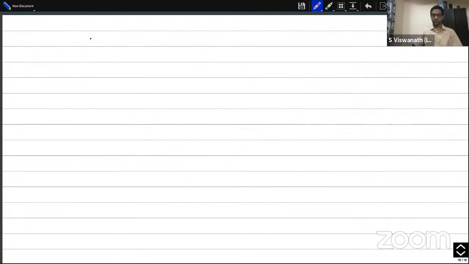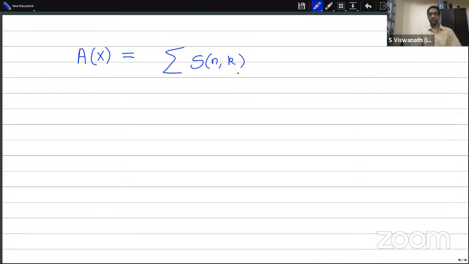There are many different ways of proceeding because this is actually a two variable problem. We actually have two parameters n and k, right? So when I form the generating function, which one should I really look at? Should I fix n and think of it as being summed over k, or should I fix k and sum over n?